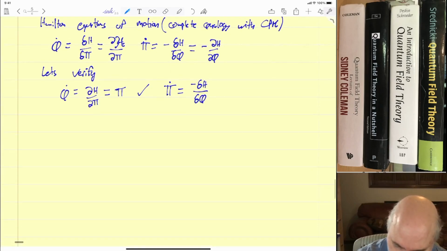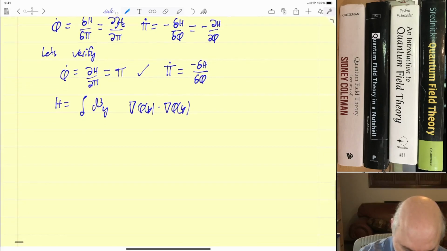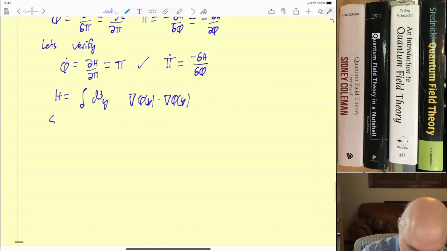So here I'm using the Hamiltonian, not the Hamiltonian density. So let's see how this works. Let's write H as the integral of d3y, and let's just do the term that bothers us, the gradient term. The other terms will be very easy.